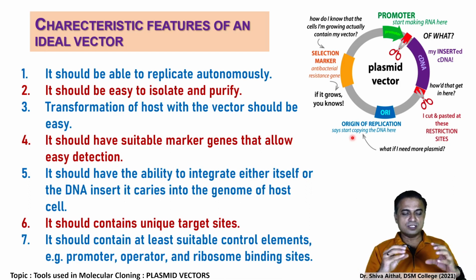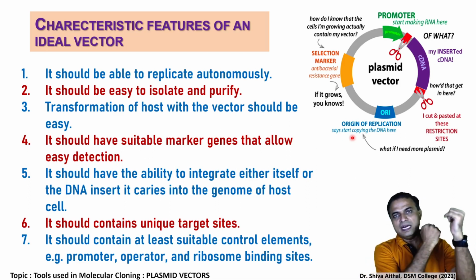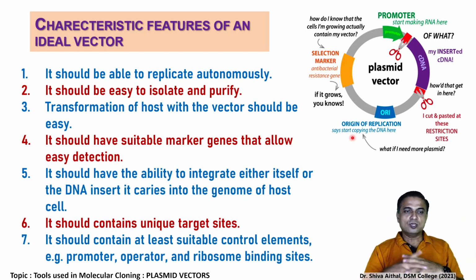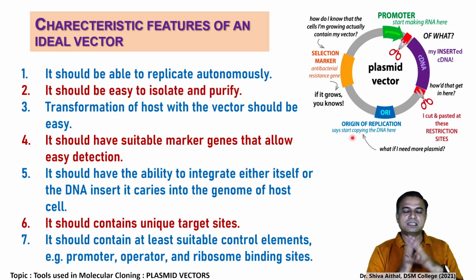Abortive means it remains devoid of the chromosome; it should have both features. If needed, under stationary phase and starvation conditions, instead of getting degraded, it should get integrated into the host chromosome and sustain with the host chromosome. So the fifth characteristic feature of this plasmid to be used as a vector is that it should have the ability to integrate either itself or the DNA insert it carries into the genome of the host cell.